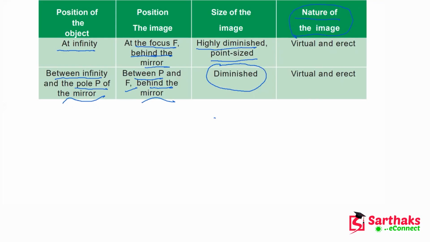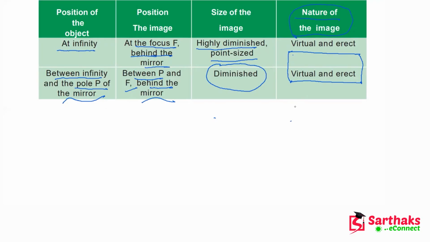I will also tell you how to calculate the nature of the image. For now, just remember that in case of a convex mirror, the image is always virtual and erect. The images formed by the convex mirror are always virtual, and virtual images are always erect. So I hope guys you got my point.